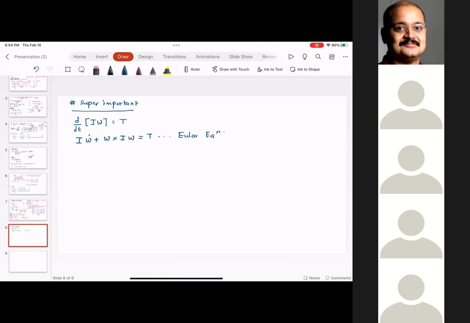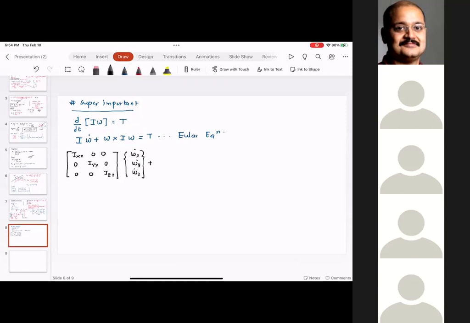Now I want you to realize what's happening here. This I is Ixx 0 0, 0 Iyy 0, 0 0 Izz. You agree with me? Omega dot is omega x dot, omega y dot, omega z dot, plus.